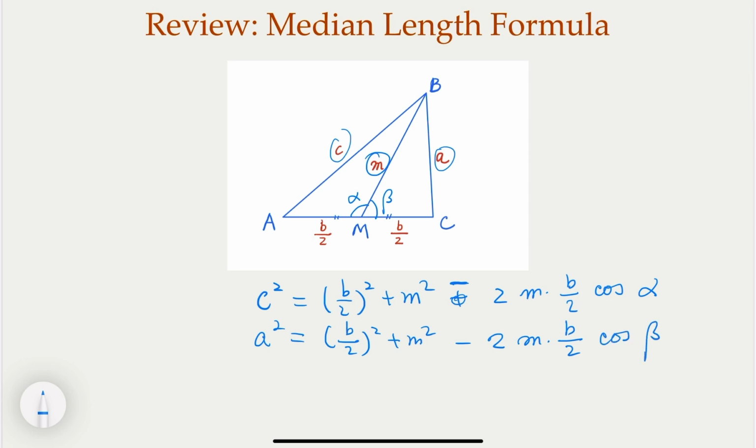We know that alpha plus beta equals 180 degrees, which means cosine alpha equals negative cosine beta.